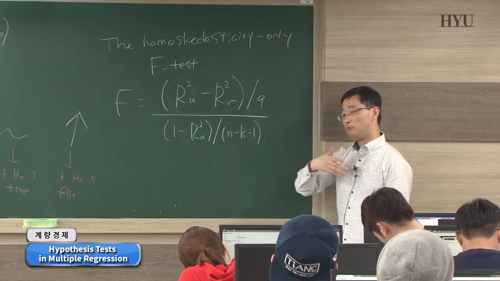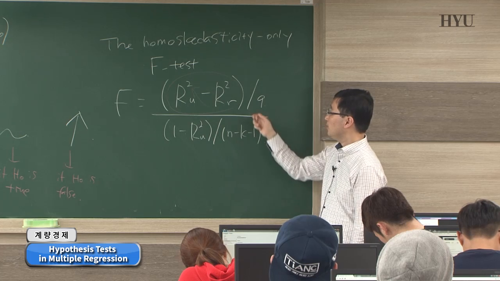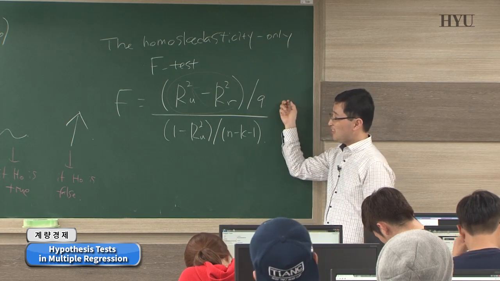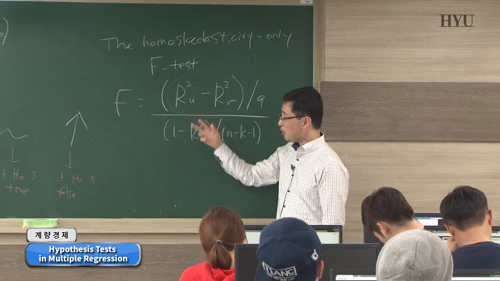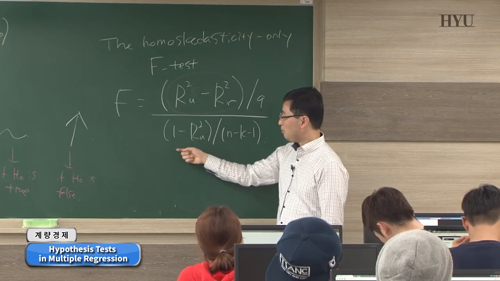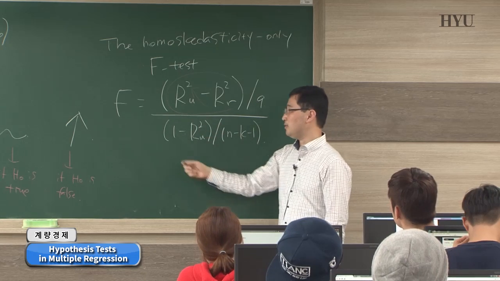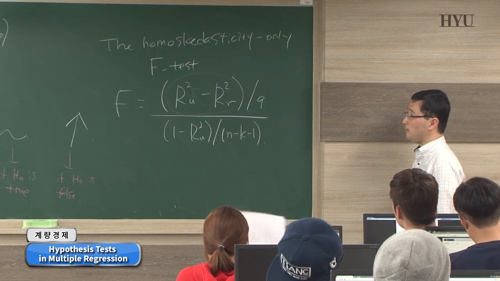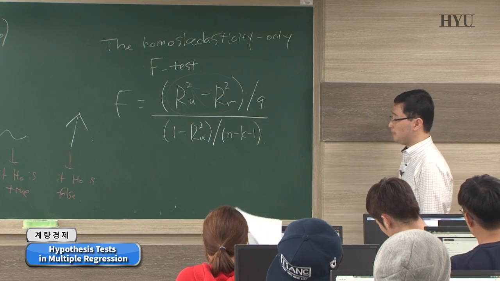So the difference must be bigger, naturally. So that's why we normalize it by Q. Also, what do you mean by big enough? The jump being big enough. We're going to compare it against something like this. This is a very stable number, so we can use it as a reference for the comparison.